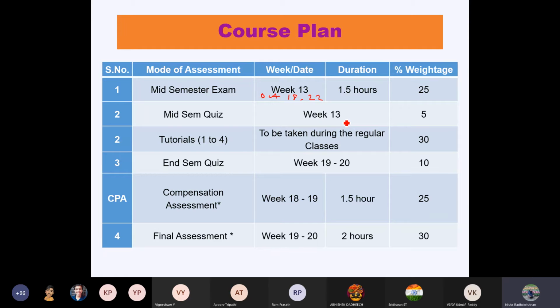The mid-semester quiz will also be during the same period, October 18th to 22nd. We'll set it up in the evening and then we'll have the exam.